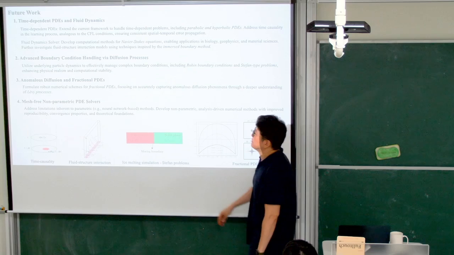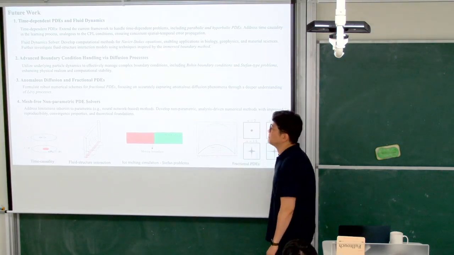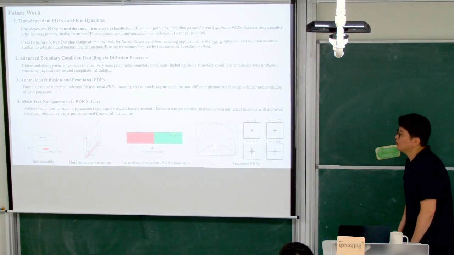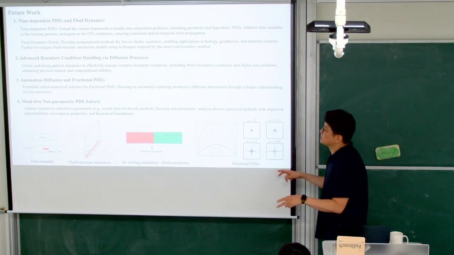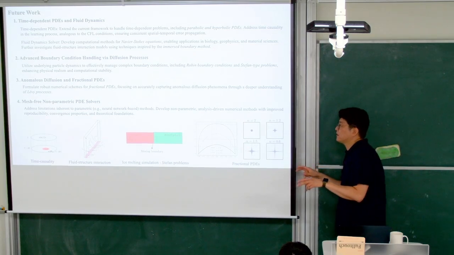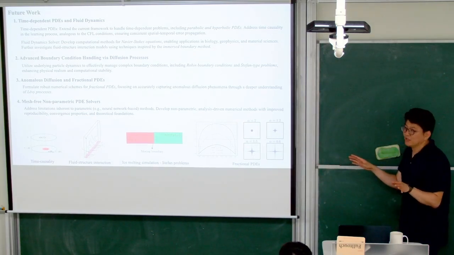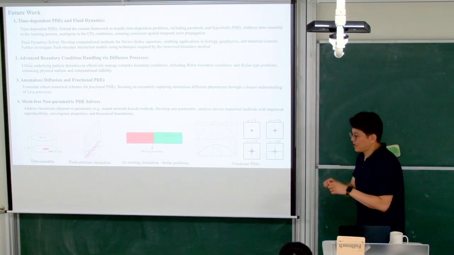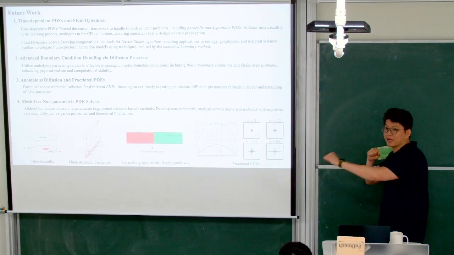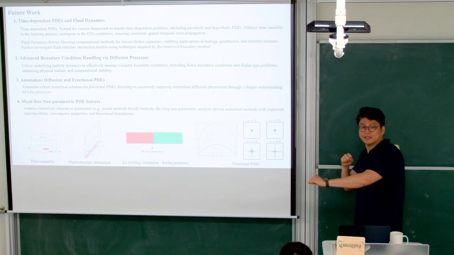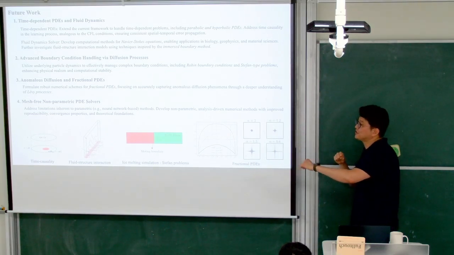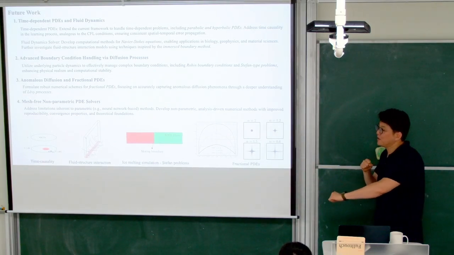The third one is about anomalous diffusion or the fractional PDE. Today I mentioned the standard diffusion using standard Brownian motion. Standard diffusion means that the mean squared distance of the particle is linear in time.